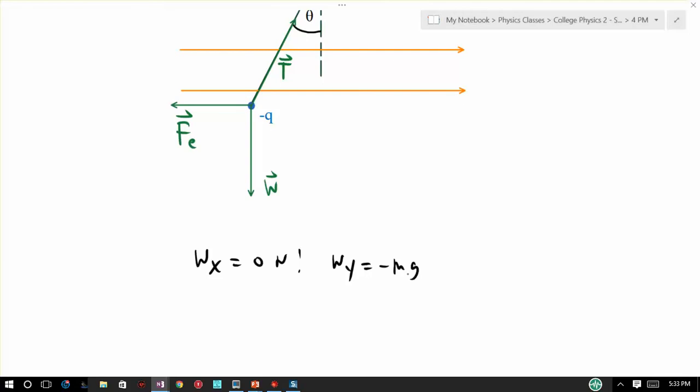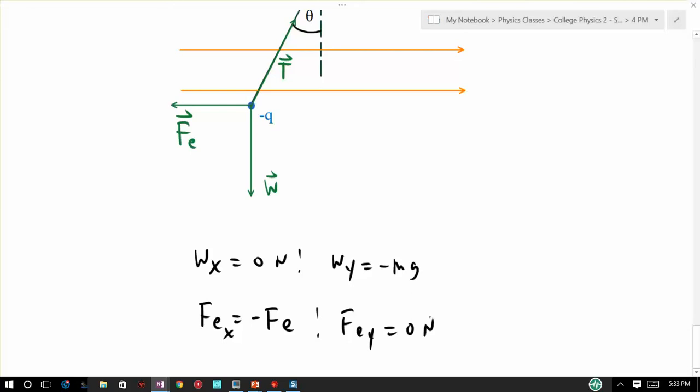And then, of course, Fe is pretty straightforward. We don't know what Fe is right now, but we can figure it out. All of it is in the negative x direction, so the x part of Fe is minus Fe, and Fey is 0. It has no y part.